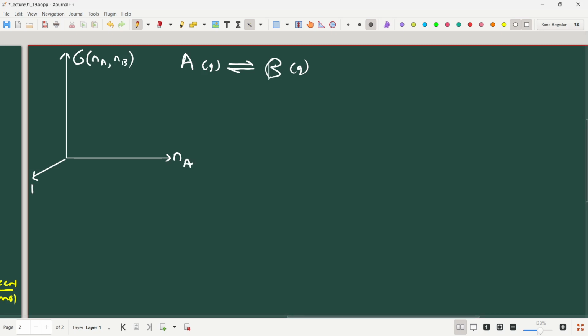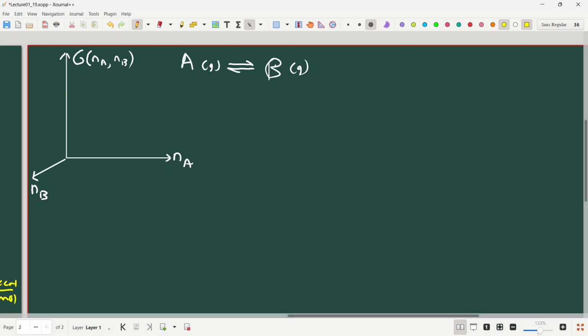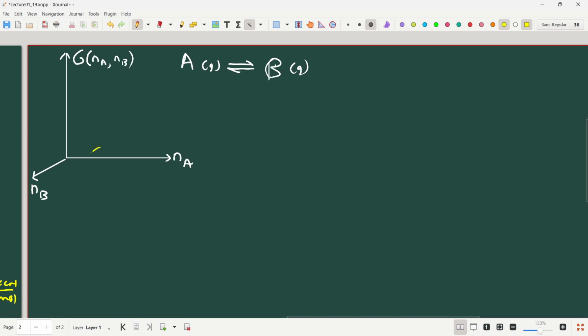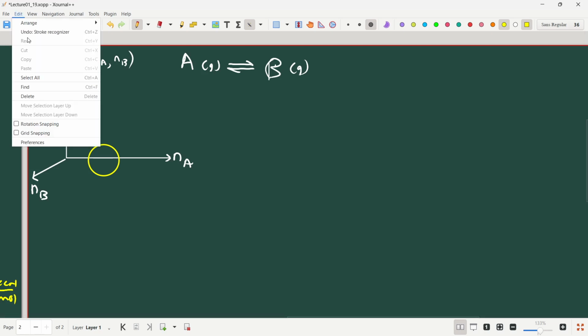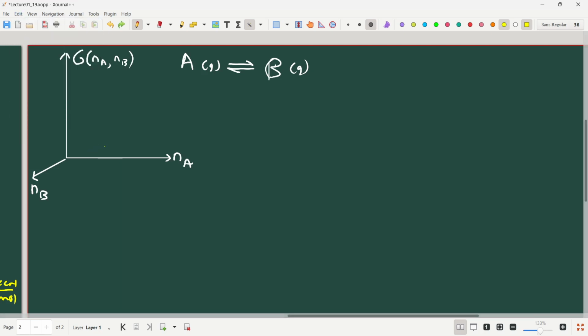And we can plot that here. So we have some energy surface that's a function of A and B. I didn't want that like that. Let's do it like this instead.